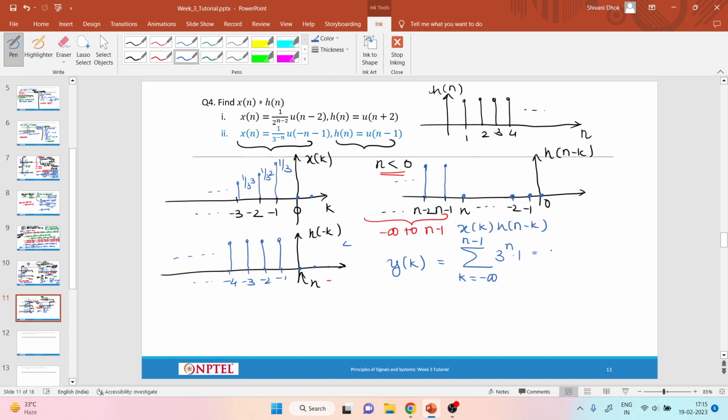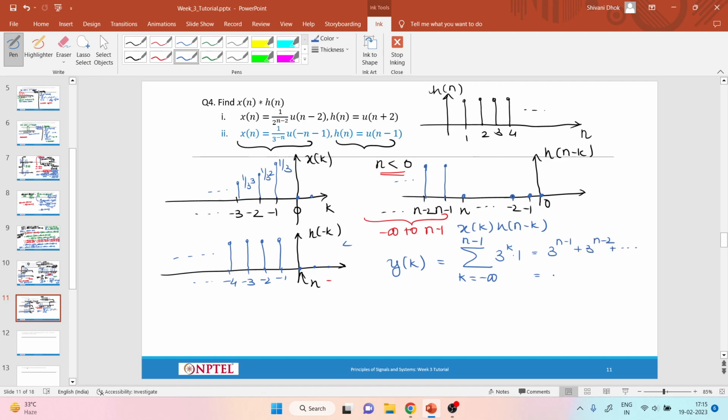So this I can write as 3 power k, that is, 3 power n minus 1 plus 3 power n minus 2, and so on.